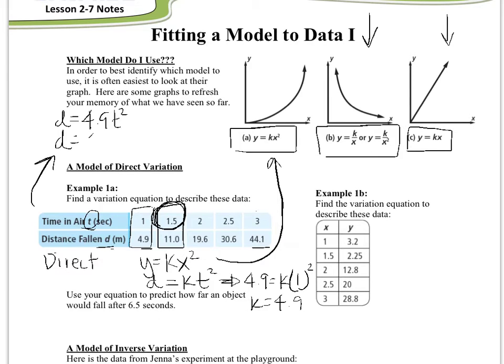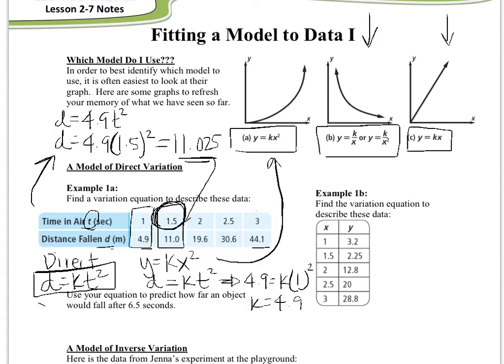So d equals 4.9 times 1.5 squared, and that should equal about 11. I multiplied 1.5 squared times 4.9 and I got 11.025. That is very, very close to that 11 for the d. So I know that this is a y equals k times x squared variation equation, and I'll write it in the d equals k times t squared format.